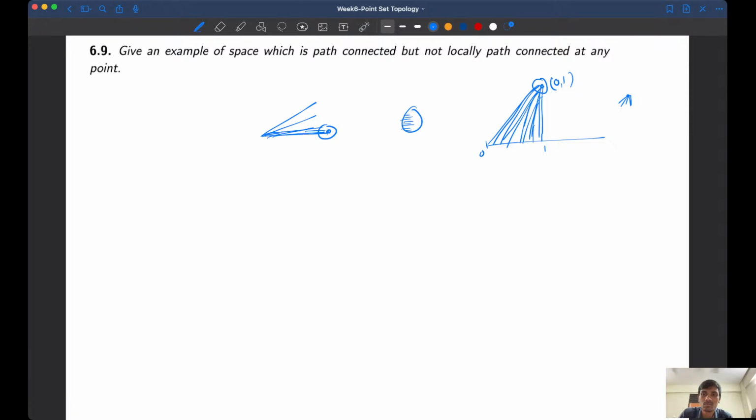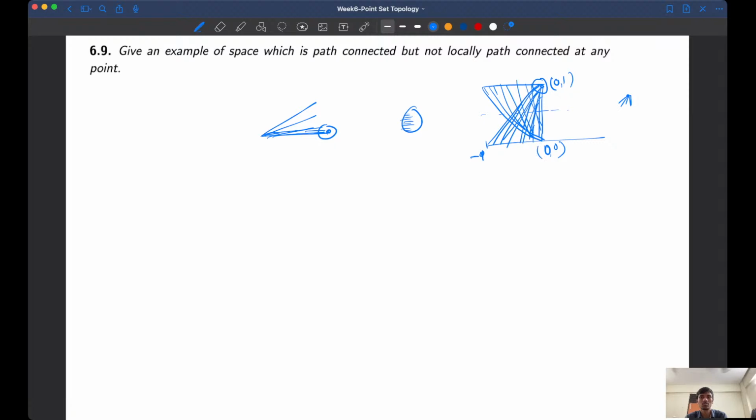So you just reflect this thing around this line. So you do again the same thing, consider all the lines from here to here, but now the points are rational cross 1 at the 1 level. So join all the rational points cross 1 to this. Okay, so this is -1, this point is 0 0.